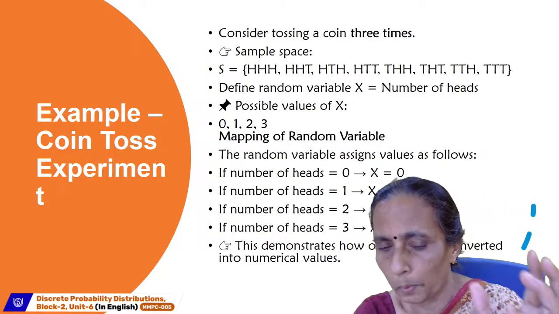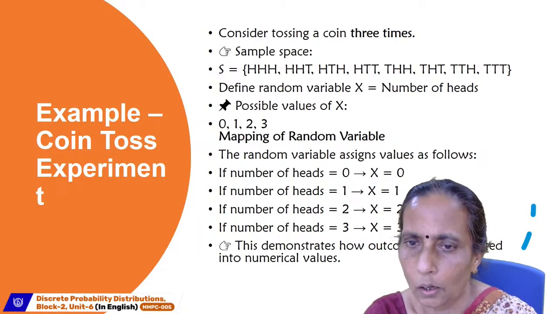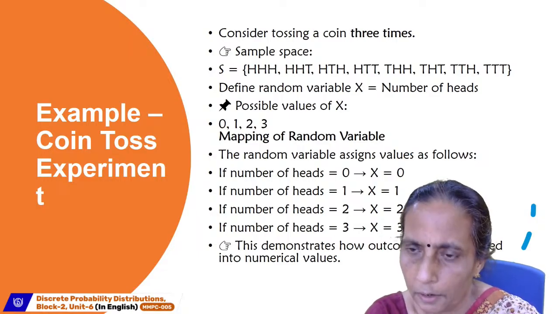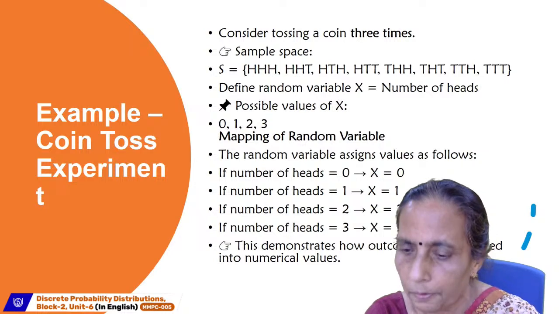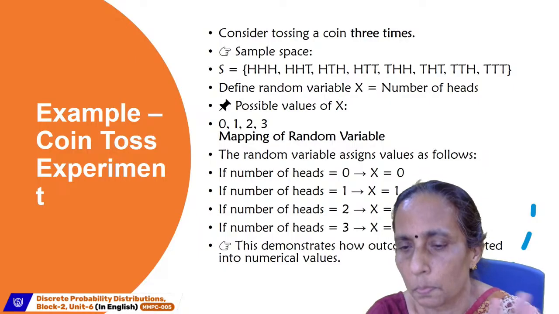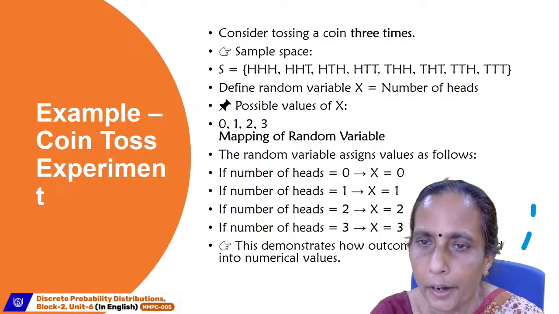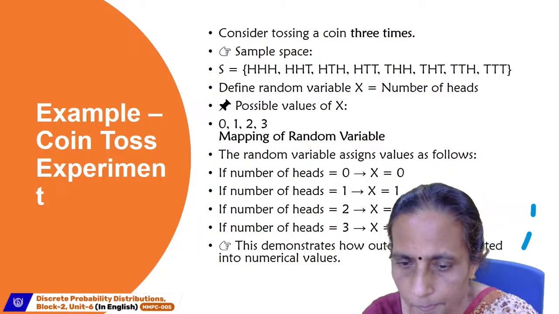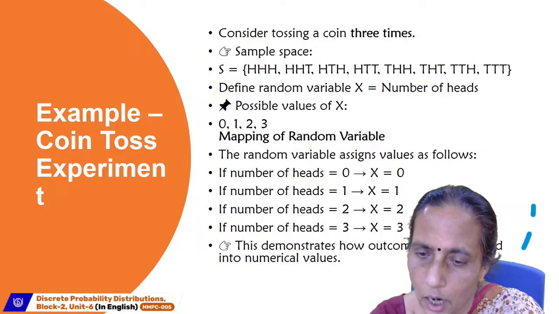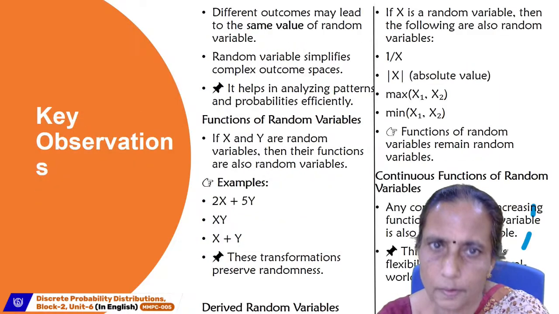So over here we may have 3 heads or maybe 2 heads and so on. If I define my random variable as X equal to the number of heads that appear, then X may be 0, 1, 2, or 3, depending upon the number of heads that occur. This is how the outcomes are converted into numerical values.